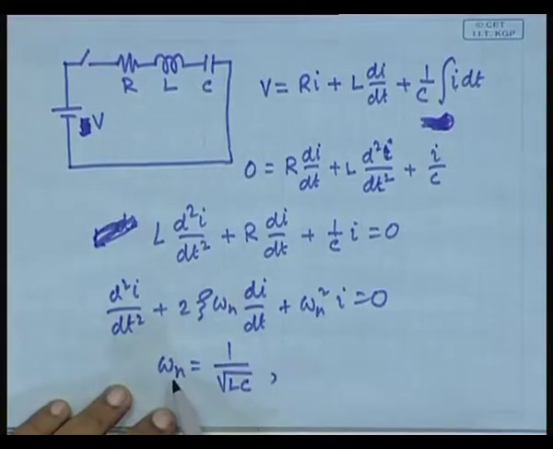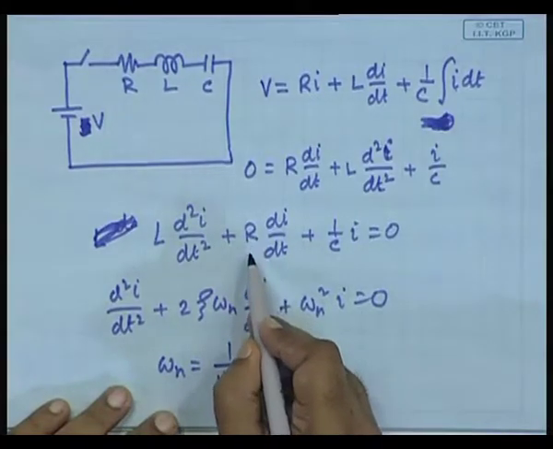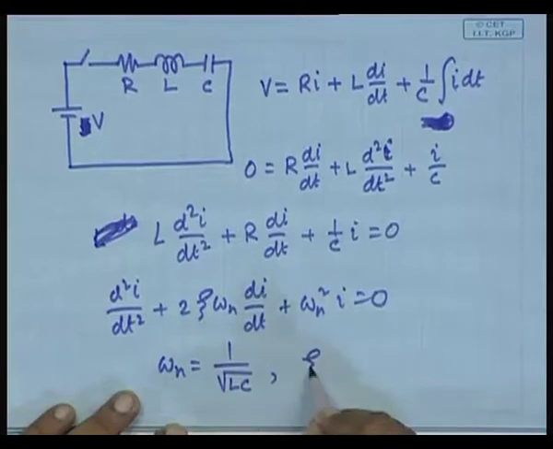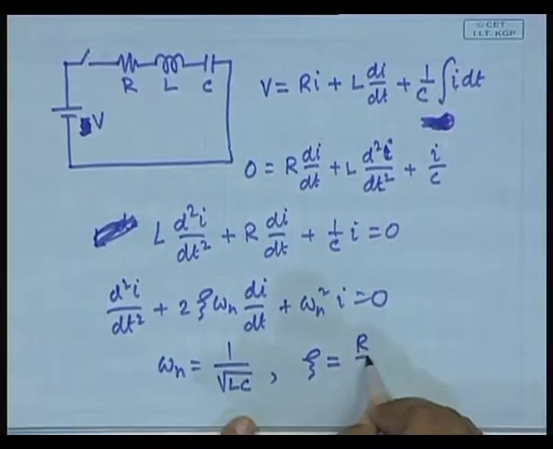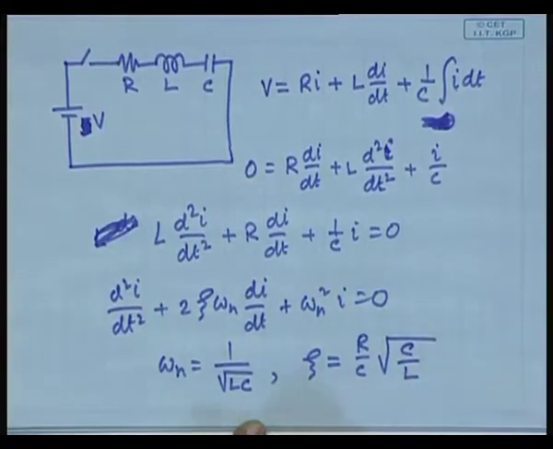If omega n is this and twice zeta omega n is R by L, then what is zeta? R by 2 root over C by L. See, check, R by 2, sorry.